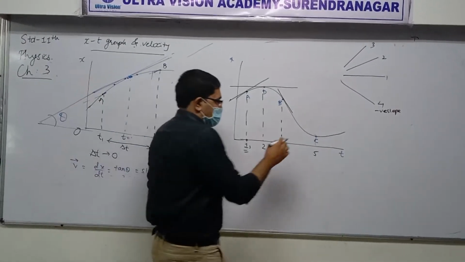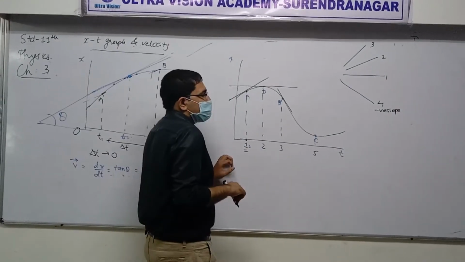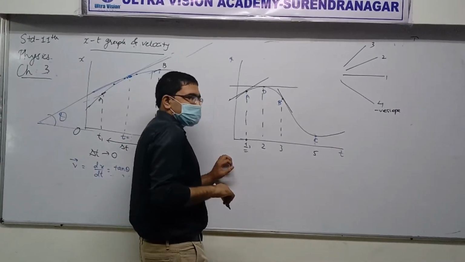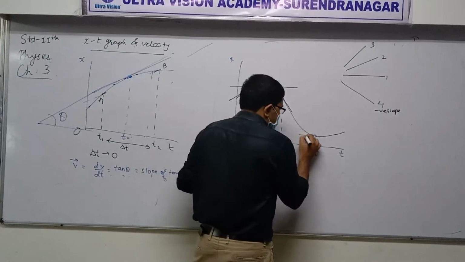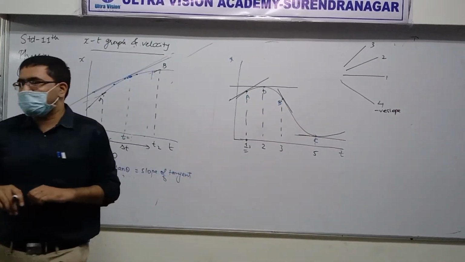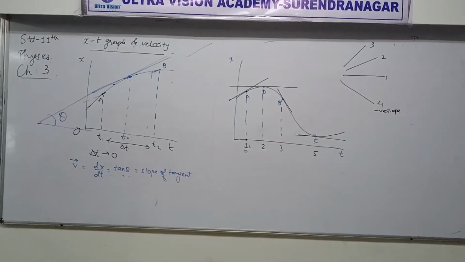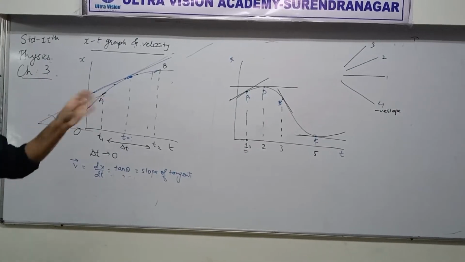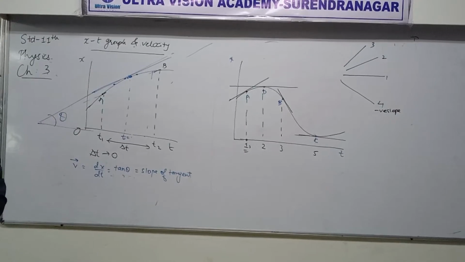Okay. Then what happens at C? You draw a tangent. So at C, the slope is 0. Okay? Aditya, stand up please. At which points out of these the slope of tangent is 0?